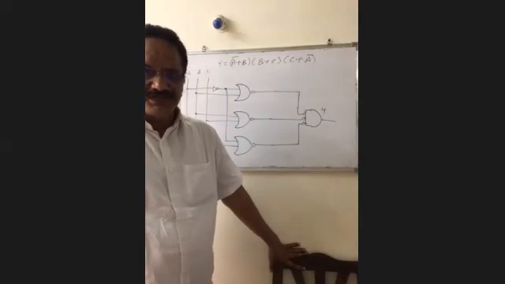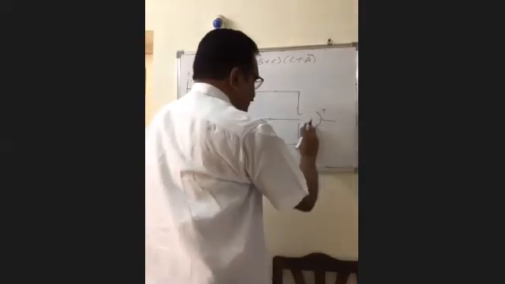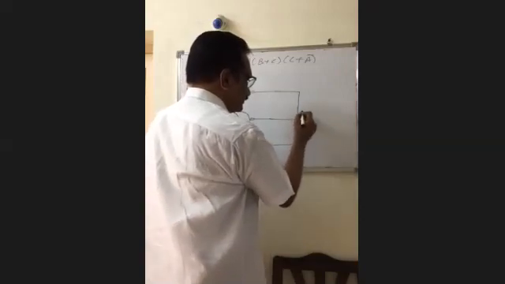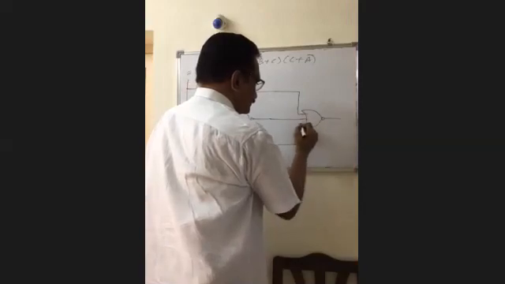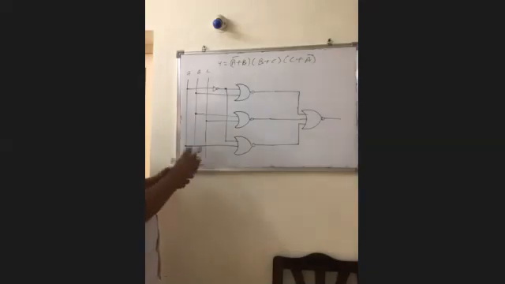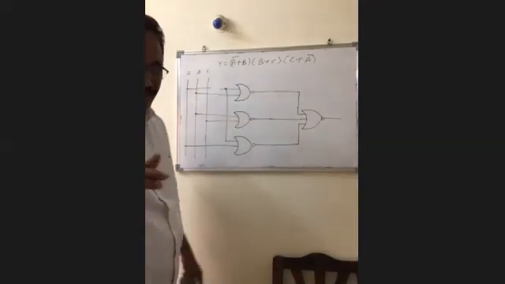So replace this bubbled AND gate with the NOR gate. And replace the NOT gate also with a single input NOR gate.